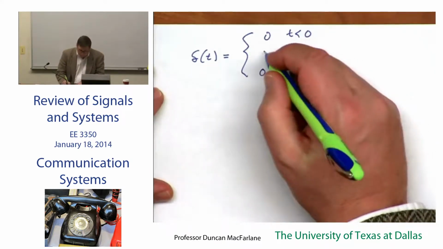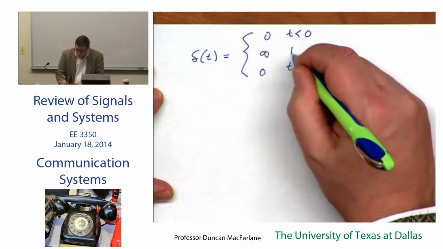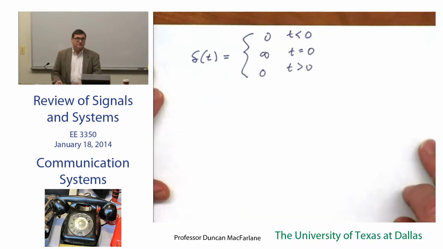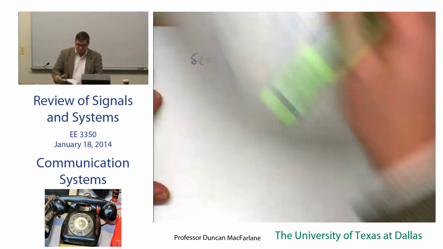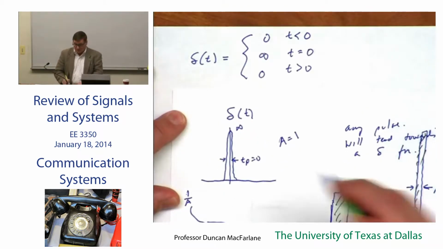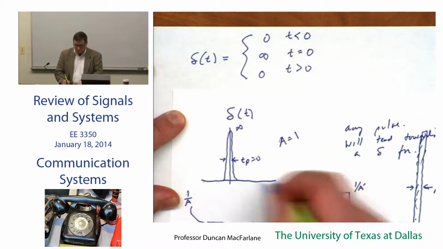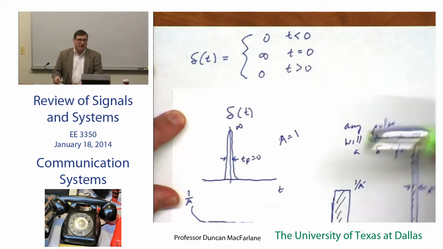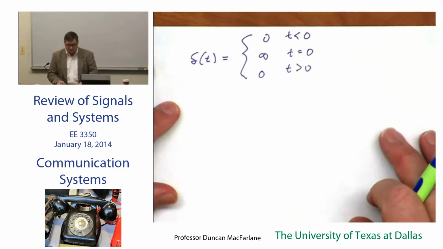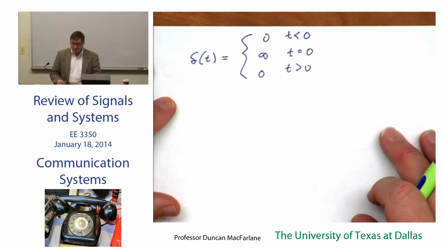And it's infinity at time t equal to 0. And that's this picture that I've drawn here. It's 0 out here, it's 0 out here, and it's infinity only at that point, t equals 0. Okay.